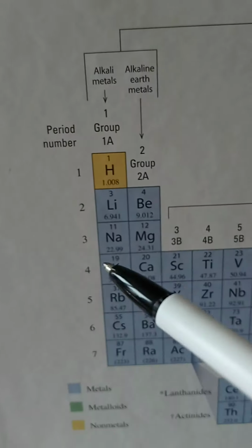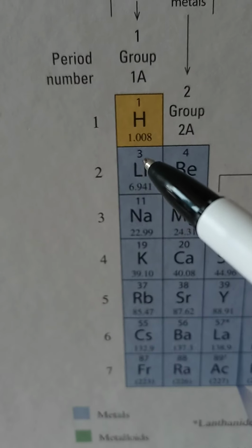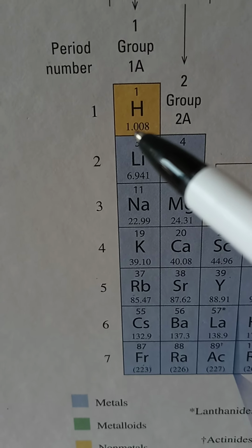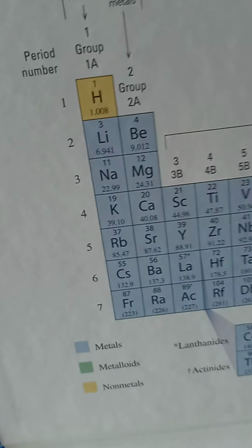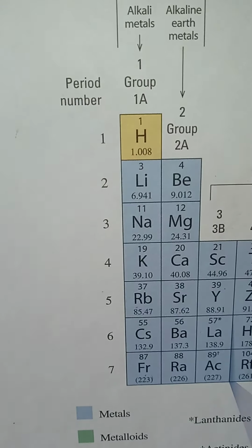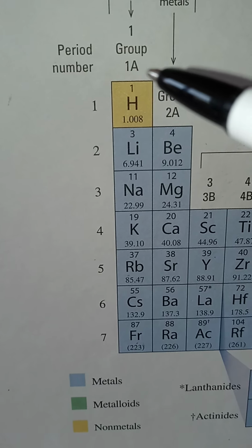If you look at the top, you got the atomic number. Here is the weight of the atom altogether, which is the atomic mass unit. Now, let me put my flash on. Here's the 1, the atomic number.